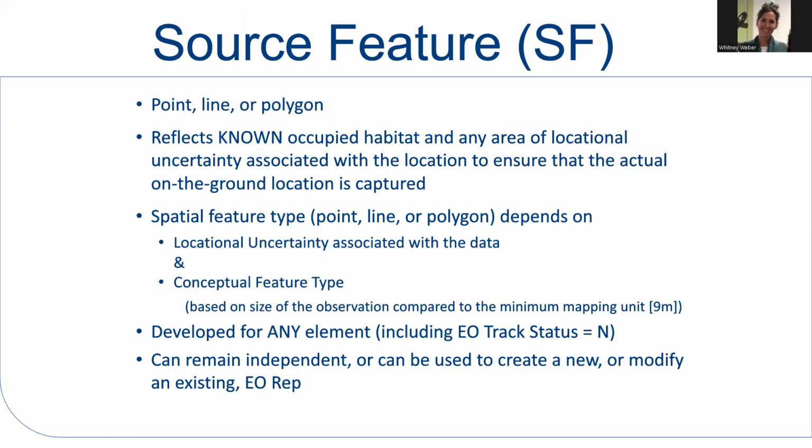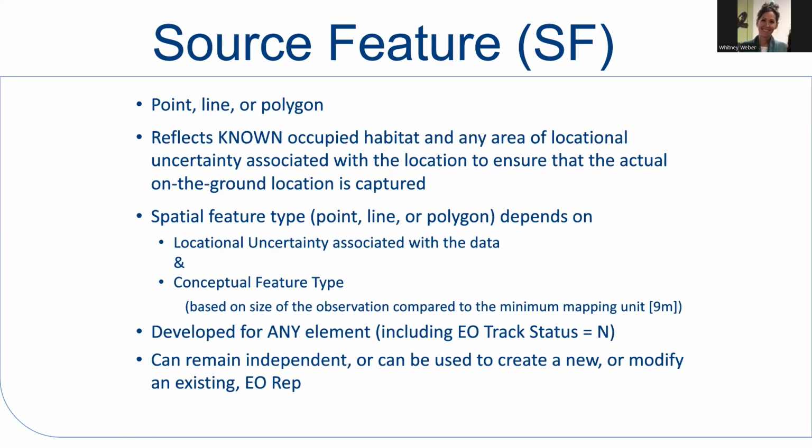The source feature also can be a point, line, or polygon, and it reflects known occupied habitat and any area of locational uncertainty associated with the location to ensure that the actual on-the-ground location is captured. The spatial feature type depends on the locational uncertainty associated with the data and the conceptual feature type, which is based on the size of the observation compared to the minimum mapping unit of 9 meters.